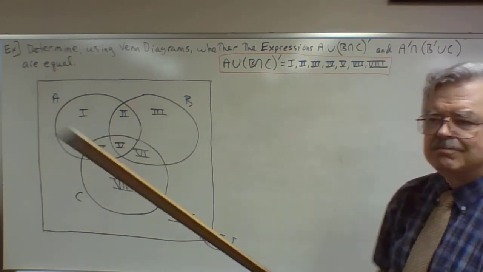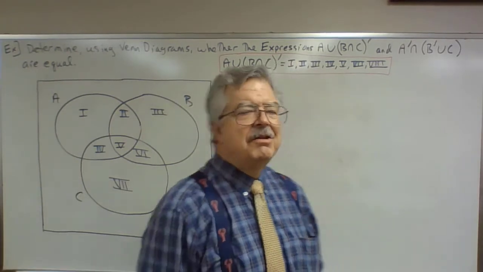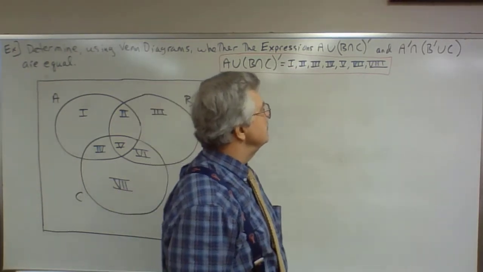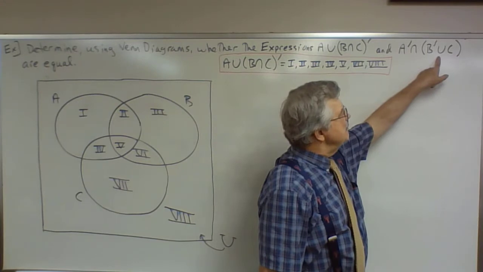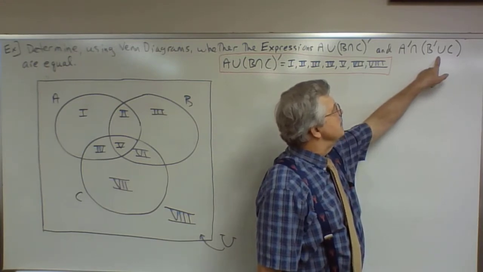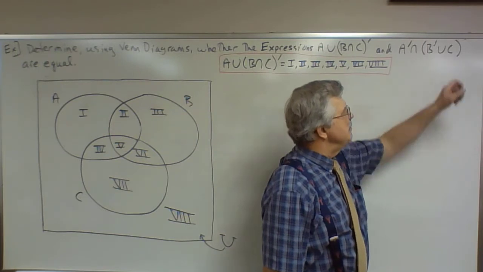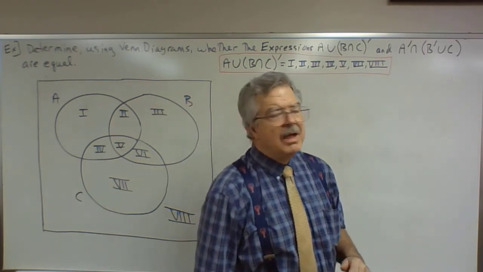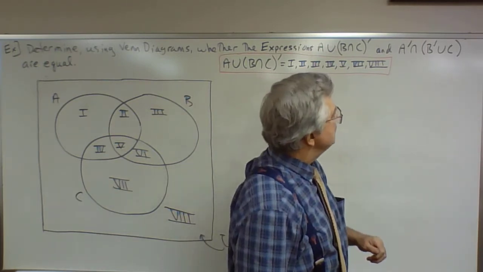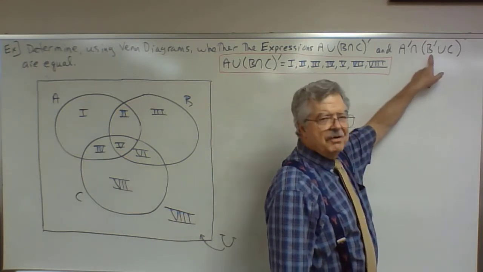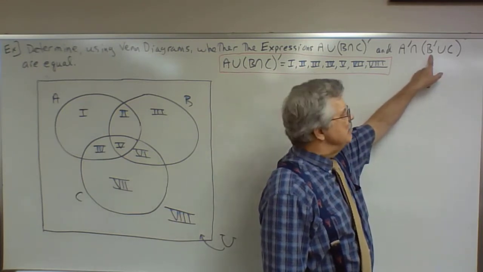And in typical Pat Rossi fashion, I'm going to tackle the ugly part first. I want to compute B complement union C. And in order to do that, I think the first thing I need to do is to get B complement.